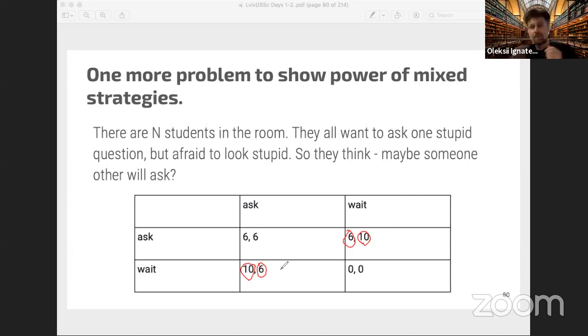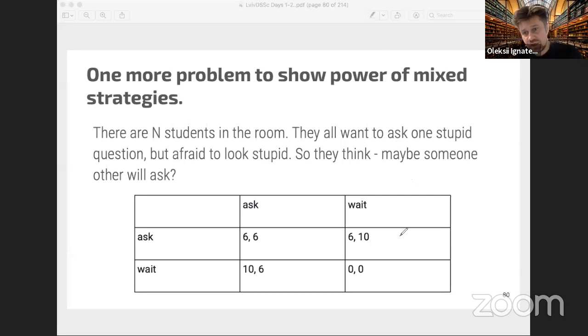So we have 2 Nash equilibria, and they are separated like this. If I know that he will turn, then I need to go straight. If I know that he will go straight, then I better turn. And the same is here. If I know that someone always asks questions, then I just wait for him to ask. But if I know that nobody will ask a question, then I better ask.